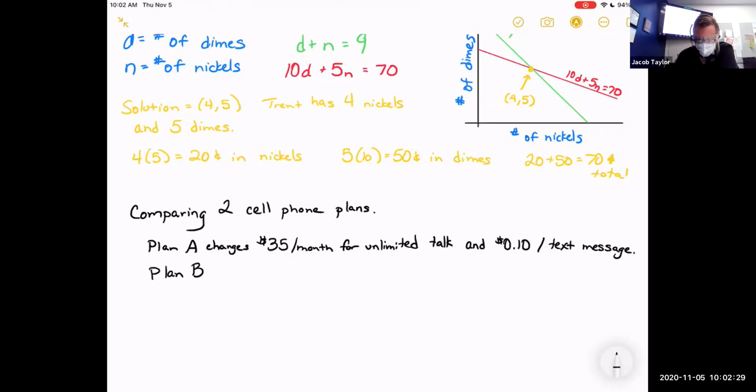Plan B charges less. They charge $28 per month for unlimited talk, and 14 cents for each text message.